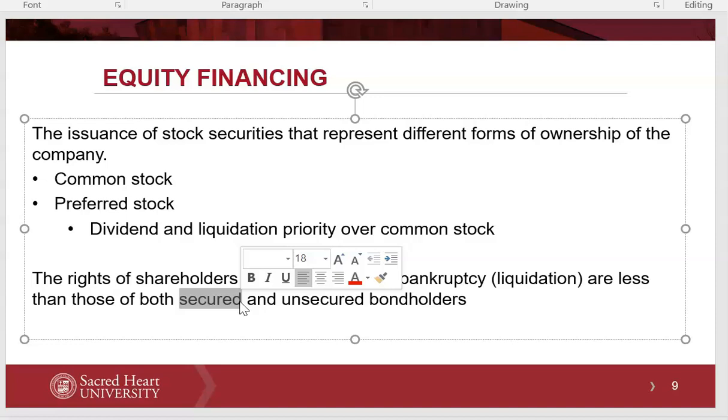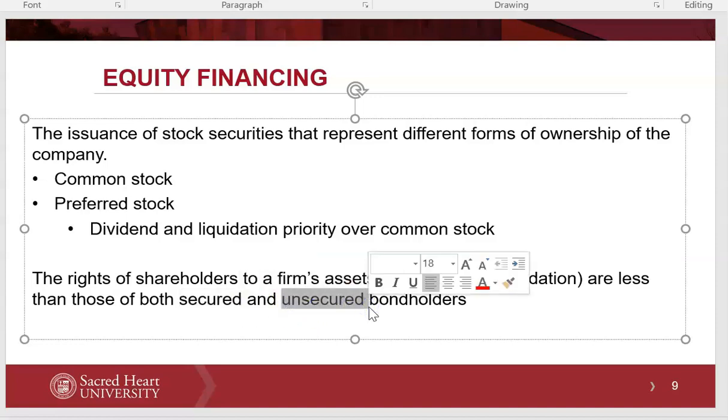So they have priority in bankruptcy, followed by the unsecured bondholders. And then once those lenders are paid off, the next people in line to collect cash are the stockholders. And so basically, if anything is left after paying off all the bondholders, then the stockholders may or may not get some cash that's left over.